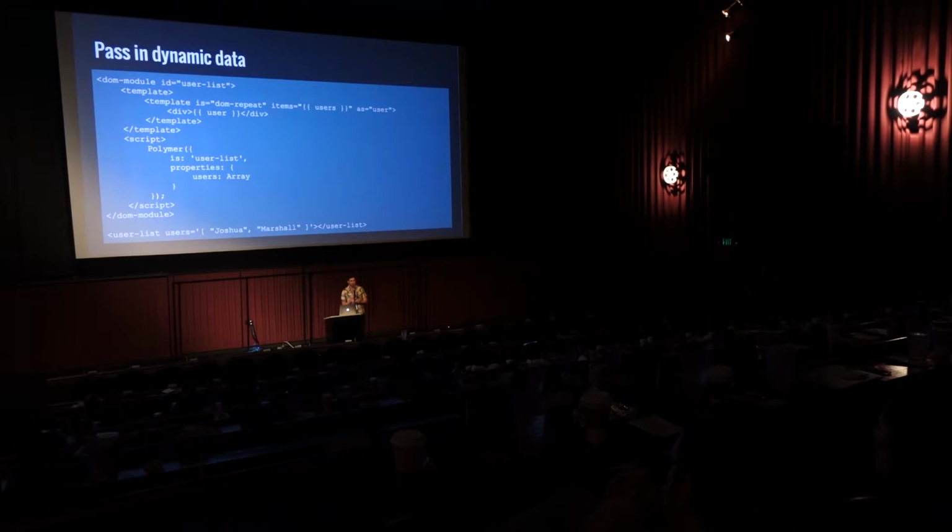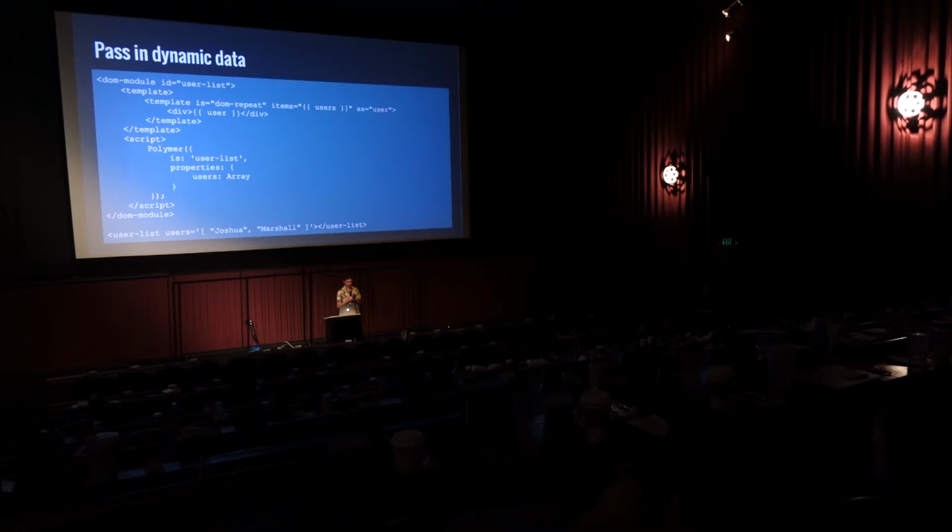Now, properties are a little weird in Polymer. They get used in 2 ways. You can hard-code a value with properties, so you can say users and put a hard-coded array there, or you can just say it's a type of array. When you do that, Polymer looks for an attribute named users, and it's expecting that value to be an array. If that value is not an array, it's going to throw an error, and this component won't work.